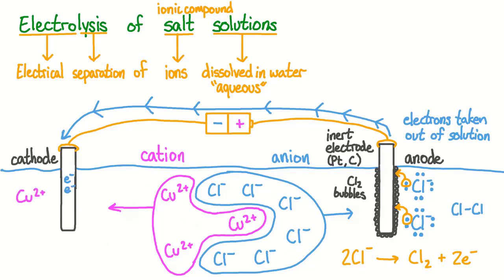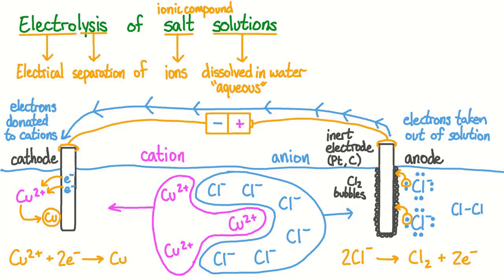In this example, the copper cations have gathered at the cathode. The flowing electrons in the electrode are then donated to the cation in the solution. The two electrons cancel out the 2+ charge of the copper ion, resulting in a neutral copper atom that plates as solid copper.